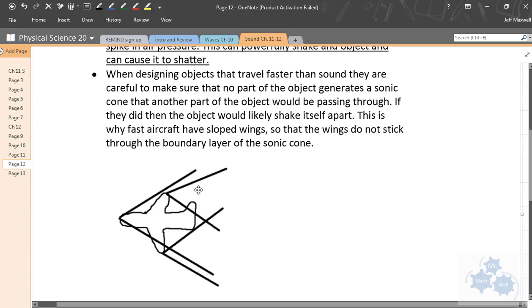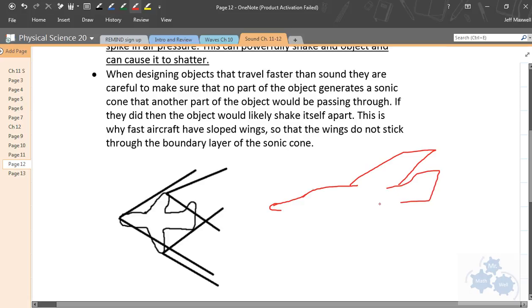When designing objects, you ever notice how really fast planes, like jet planes, are shaped a certain way? If we're talking about a fighter plane, the wings are laid back quite a bit, right?